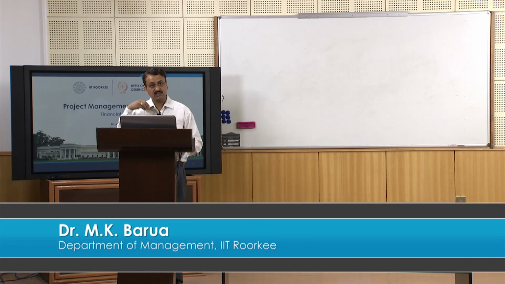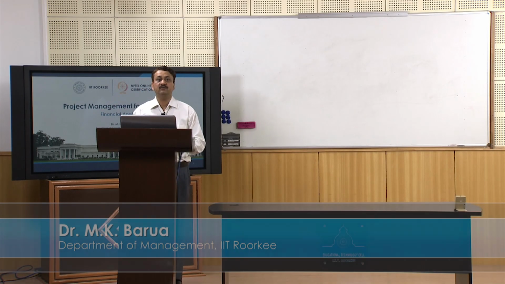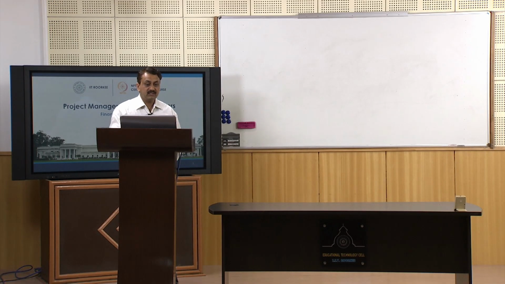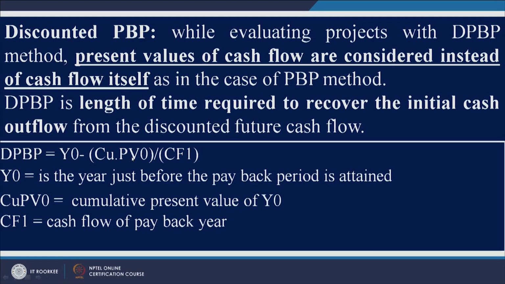So, let us say if I am receiving 10,000 rupees next year, what would be the present value of that 10,000 rupees? That is what we do in this method. The discounted payback period is the length of time required to recover the initial cash outflow from the discounted future cash flow. The formula is similar to what we have seen.